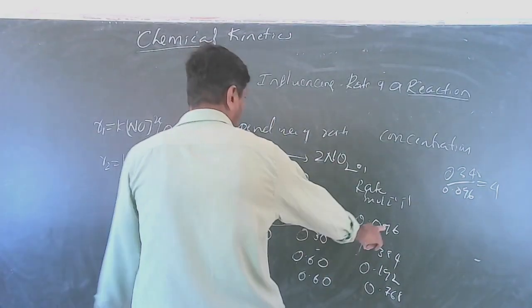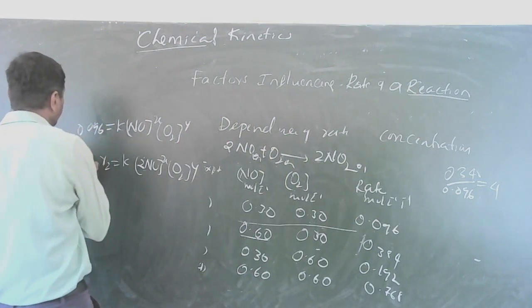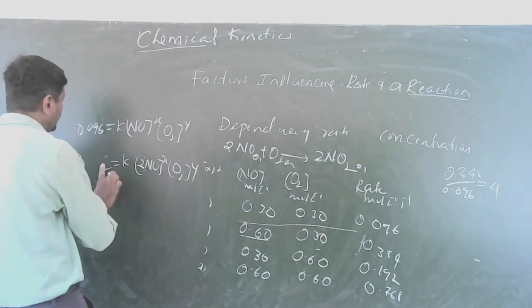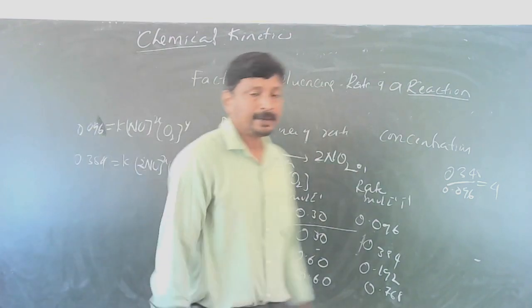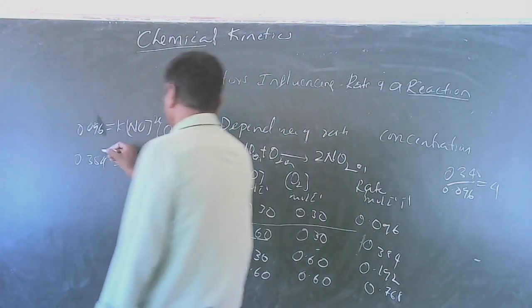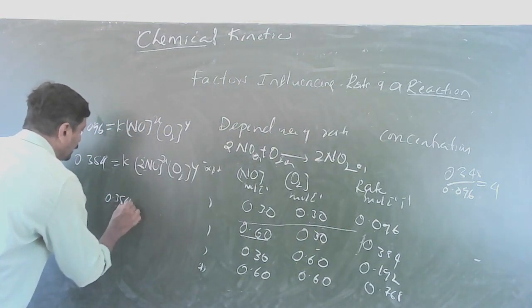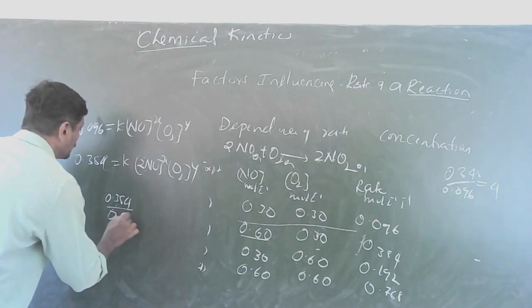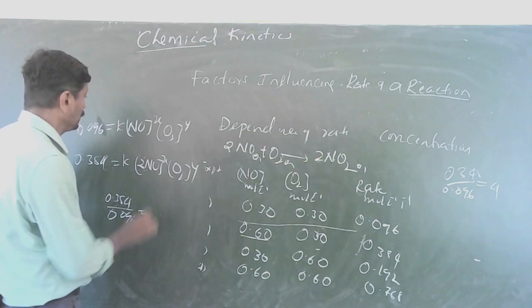Look at this one. The rate in the first case is 0.096, and in the second case it's 0.384. You divide this by this: 0.384 divided by 0.096 is equal to what?